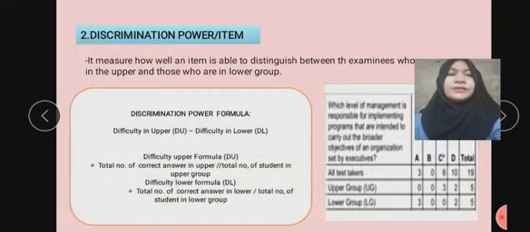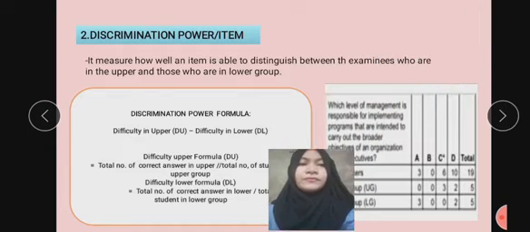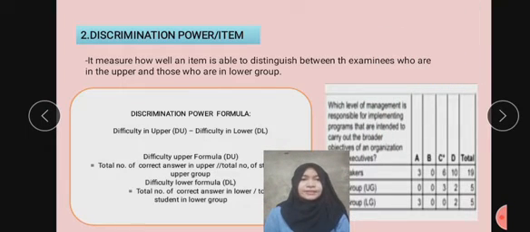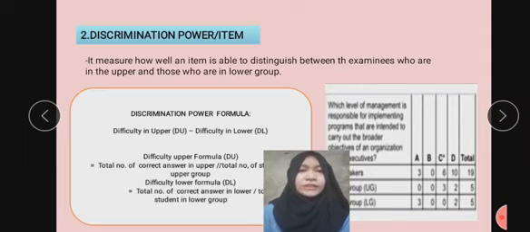Okay, so let's proceed with the discrimination power or index. With the definition, it measures how well an item is able to distinguish between the examinees who are in the upper and those who are in the lower.